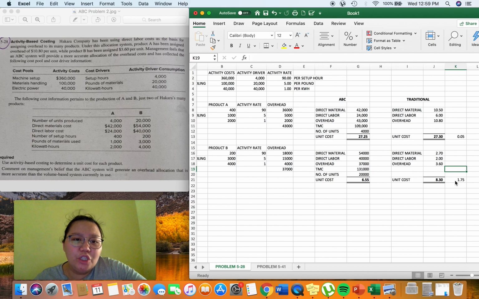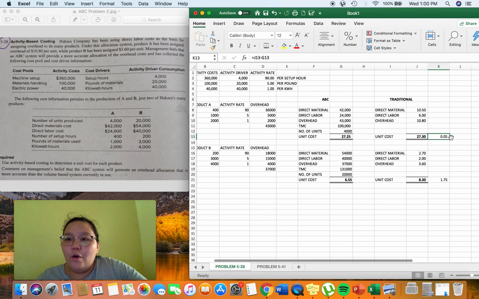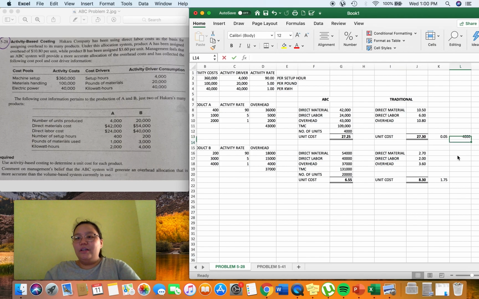So, will the ABC system generate an overhead allocation that is more accurate than the volume-based system currently in use? So, if you look at it on a per unit level, meaning you will just compare the unit cost under activity-based costing and traditional costing, you may say that the difference is negligible. However, it is important to note that we sell a lot more product B than product A. So, for example, since we sell only 4,000 units of product A, diba?